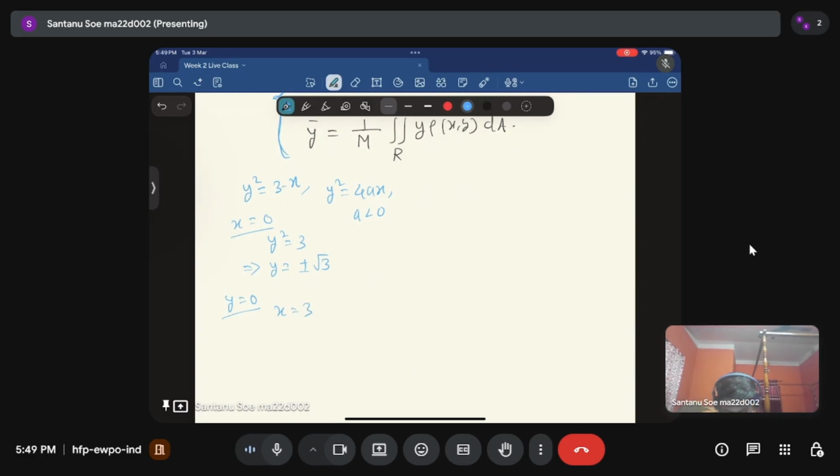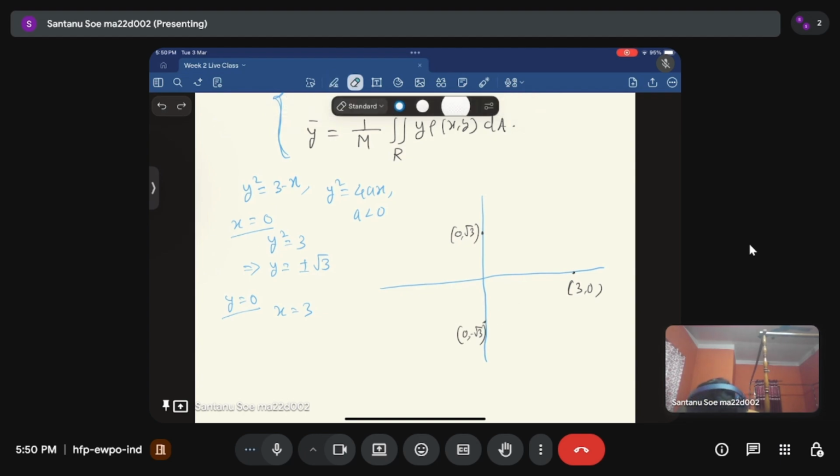Okay, so from these points, we can get an idea of how to draw the parabola. So this is going to be something like this. So this is the point 3 comma 0. This is somewhere 0 comma root 3, and this is 0 comma minus root 3. So this will be our parabola.